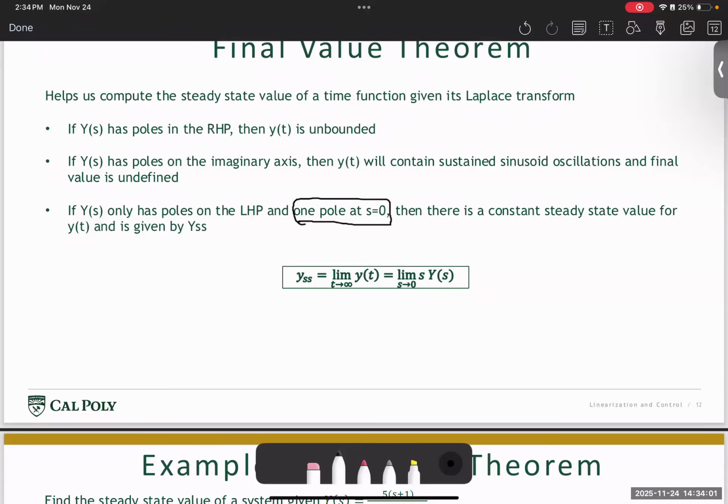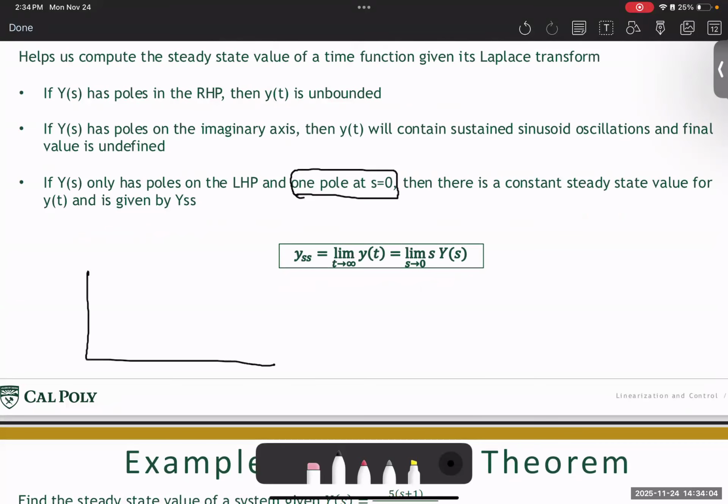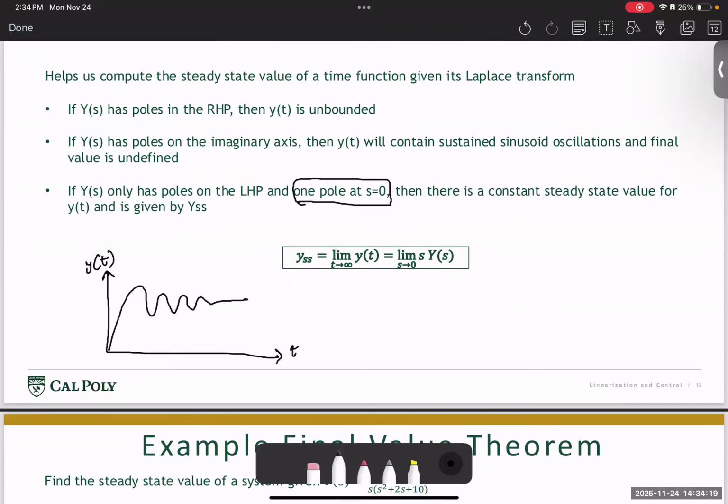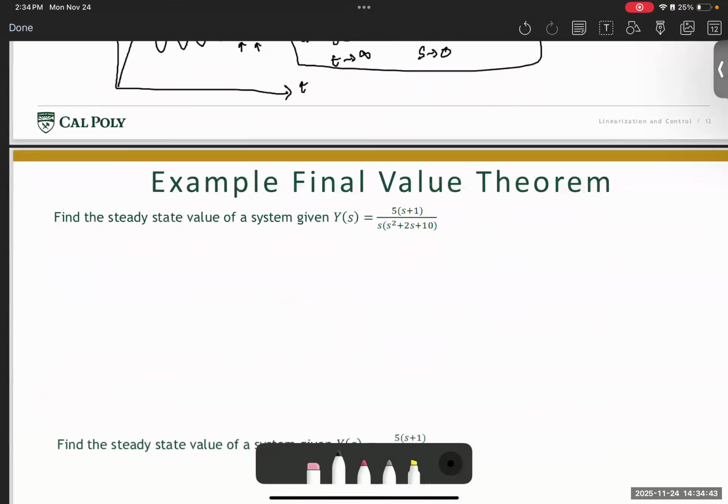What this really means is that it's a powerful tool where, if you're analyzing the output y of t as a function of time, and zeta is between 0 and 1, the system is going to oscillate until it settles to the final value. So as time tends to infinity, the value the system is going to take, y of t as t tends to infinity, is given by the final value theorem, which is the same as the limit of s times Y of s as s tends to 0. So let's look at a quick example to see what this really means.